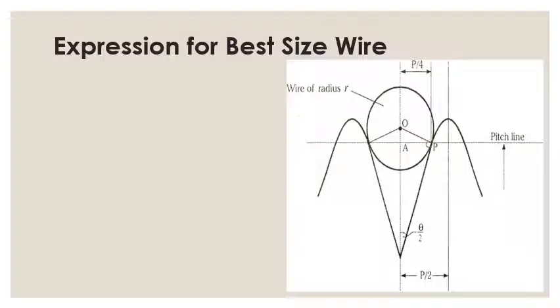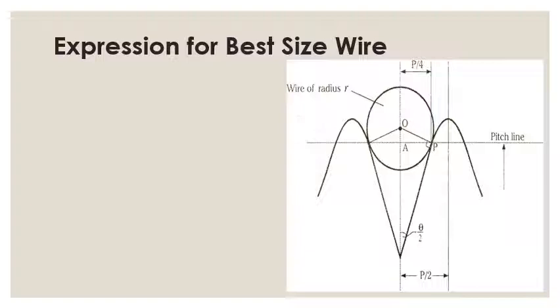So this is the best size wire representation, where we can see that the wire is in complete contact, acting like a tangent to the flanks, and the wire is in contact with the screw thread flanks on the pitch line.